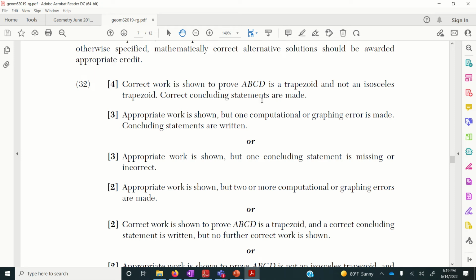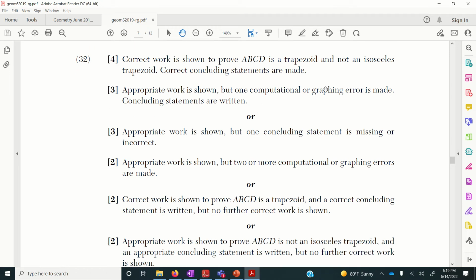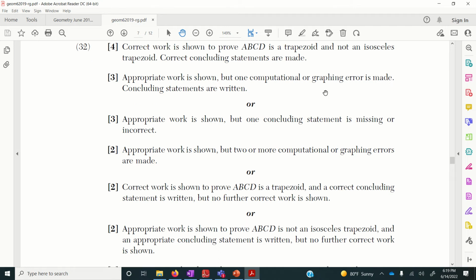So you have to make sure you're saying that part about it being a trapezoid because the lines are parallel, and not being isosceles because the diagonals are not equal. If you made a computational graphing error, so maybe you graphed a point in the wrong spot, or you did a square root but got the wrong number, or added wrong, or whatever it was, if you're missing a concluding statement, or it's incorrect, you lose a point.